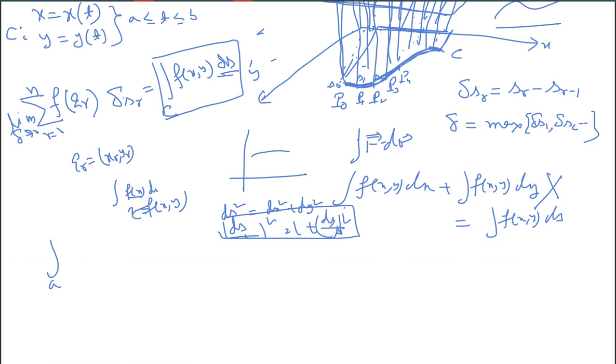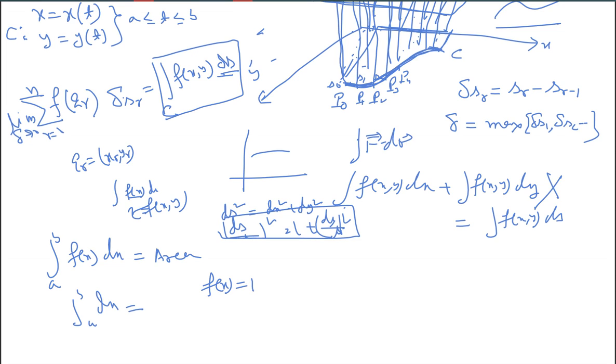Integration a to b f of x dx. What does it mean? Area. If I write f of x equal to 1, then it is integration a to b dx. What does it mean geometrically?